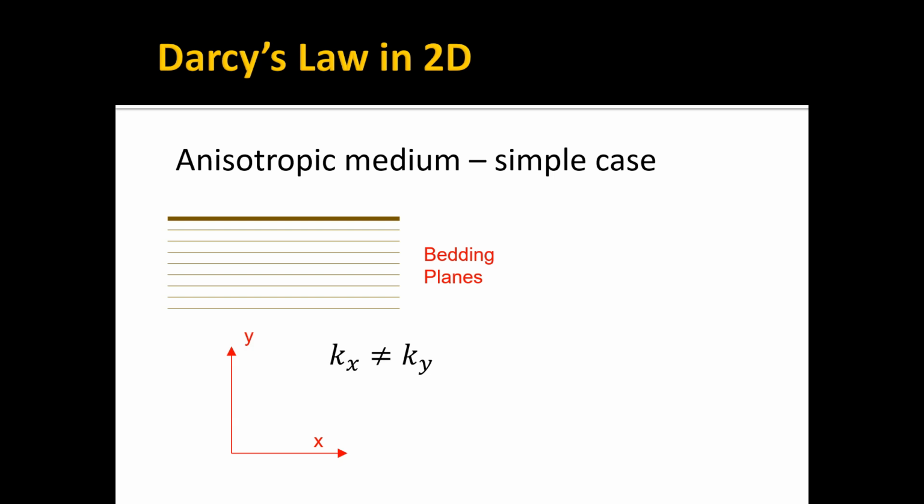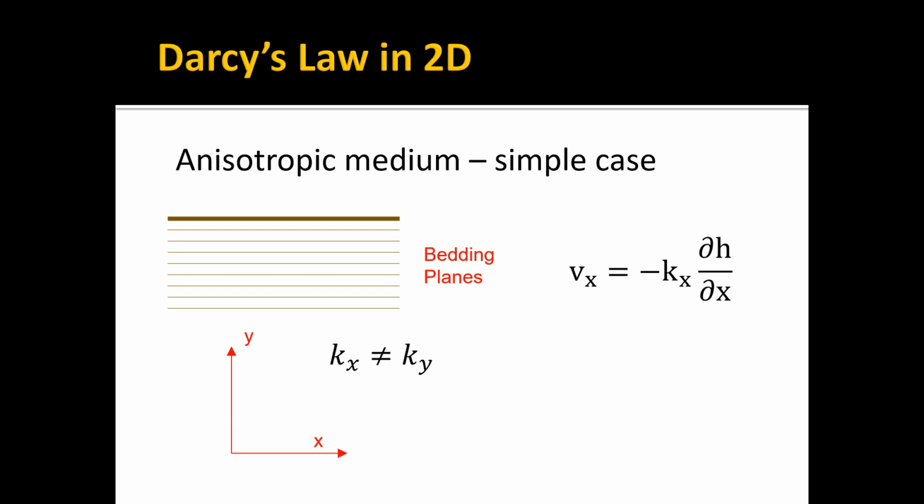In fact, we typically have a ratio of 3 to 5 or more, meaning the hydraulic conductivity in the x direction is usually 3 to 5 times what it is in the vertical direction, based on these bedding planes and how the math works out and how water flows through layered systems, as we learned in our previous unit.